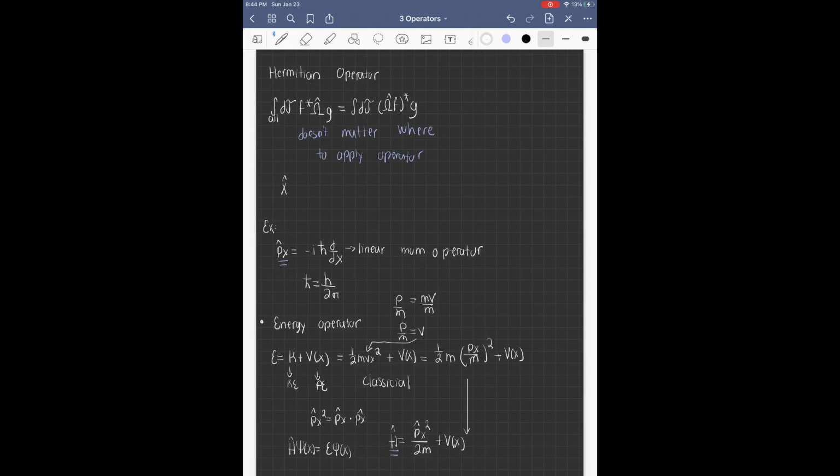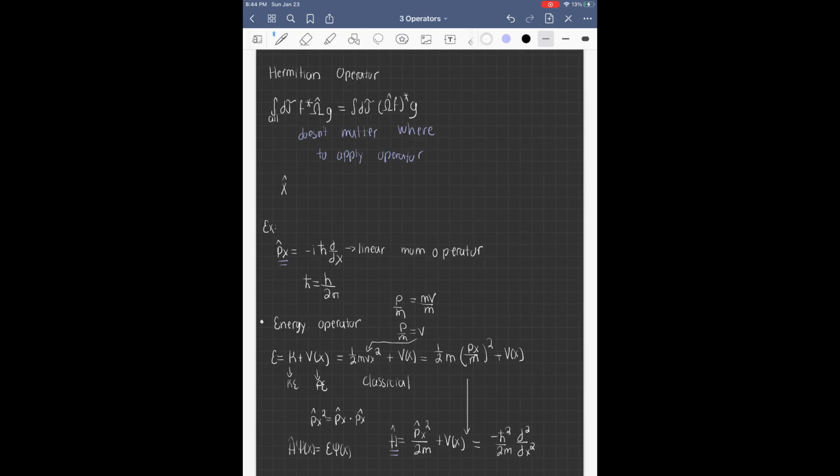Alright, let's see what else I forgot to mention. Okay. Oh wait, let me also state what this is equal to. It is just negative h bar squared over 2m derivative operator. Because you squared it, you just do the derivative 2 times.